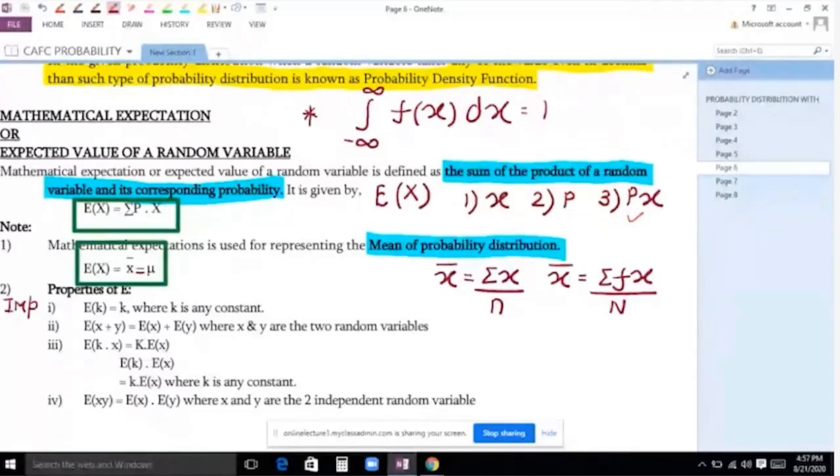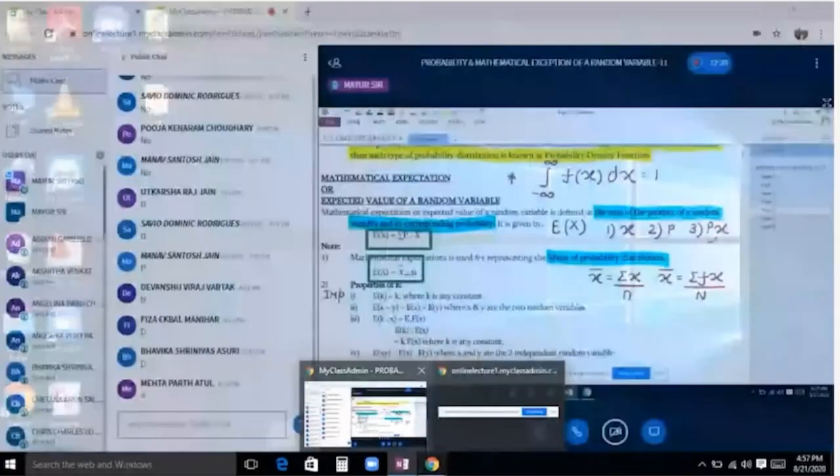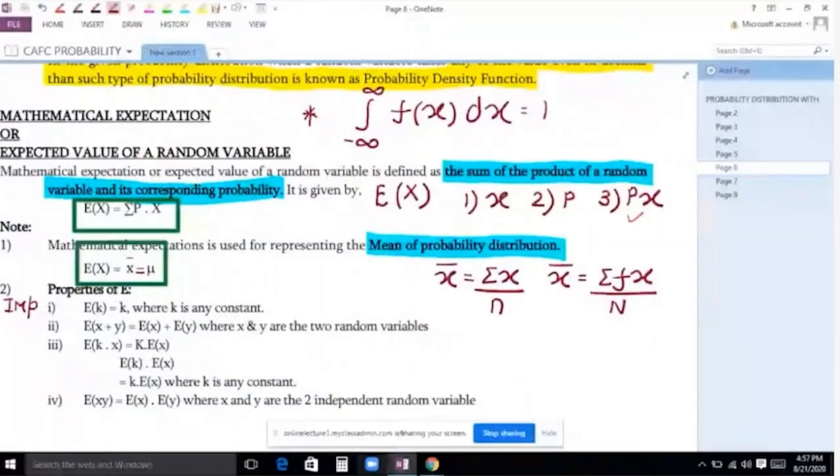Like that, expected value of any constant, answer is constant itself.